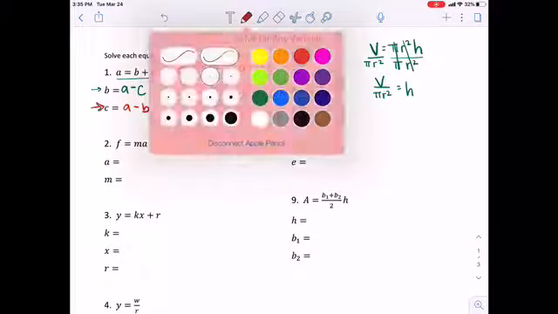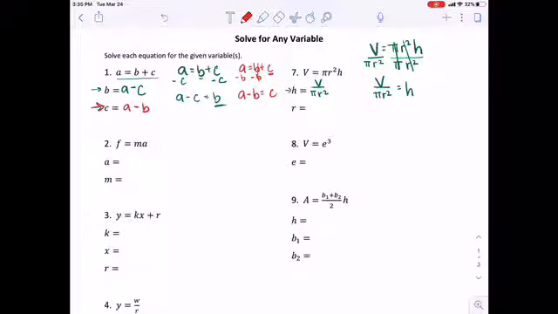Now let's go ahead and get the r alone. So again, my equation I started with was V equals pi r squared h. This time it's the r I want alone, so I'm going to divide by the pi and the h on both sides. So that will give me that V over pi h equals r squared.